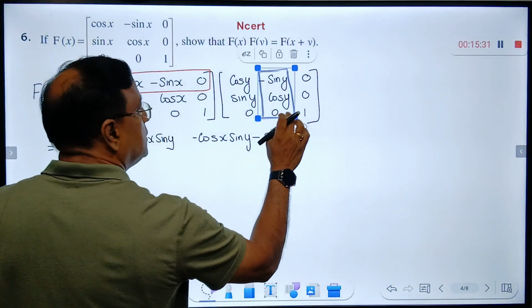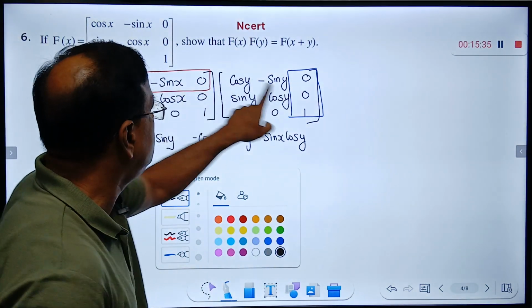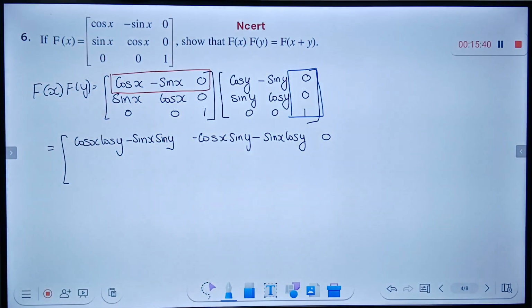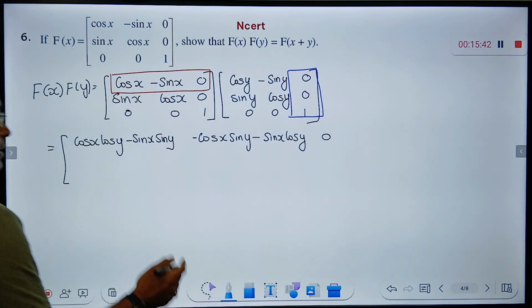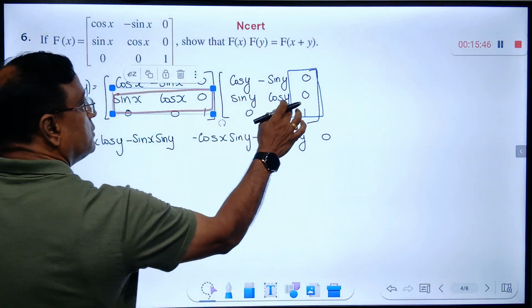Again go to the next element. What is that? 0 into 0 into 0, so everything is 0, so it's great. It's 0.